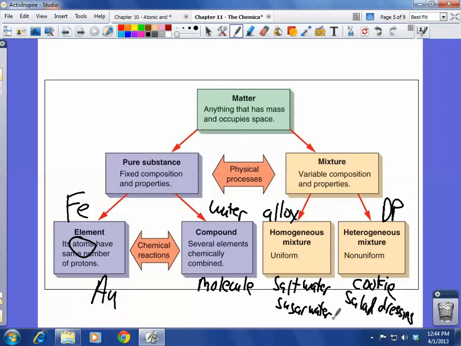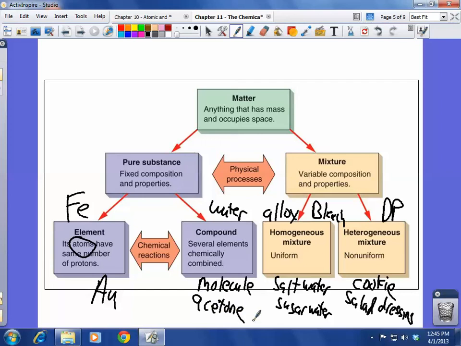It's some compound mixed with water. So bleach would definitely be a mixture. Ooh, now I'm going to have to actually look that up. Acetone? Okay, acetone, that's something you might have used in a lab. Acetone is really a molecule, so acetone would be a compound.